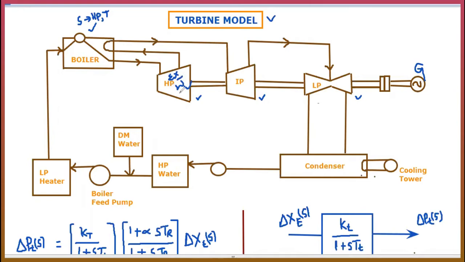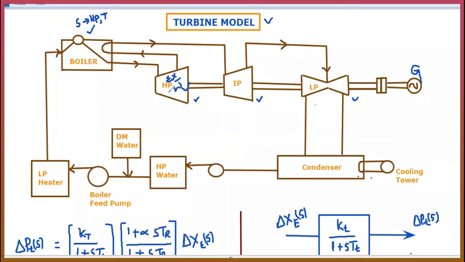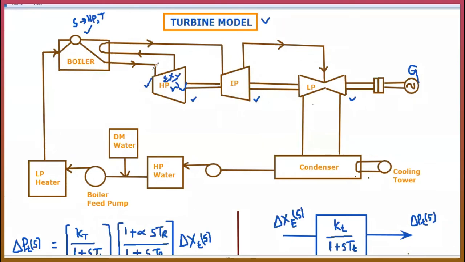This work rotates the turbine. The steam with high pressure is released inside the HP stage turbine, and during the expansion process it does work on the vanes of the turbine, and that work is in the form of rotation of the turbine.